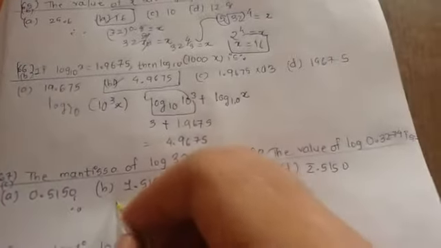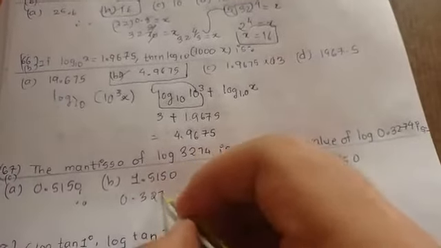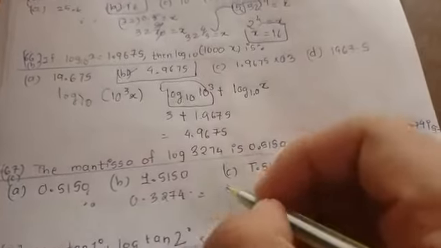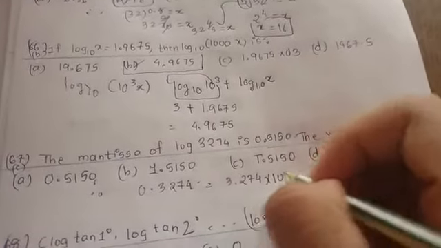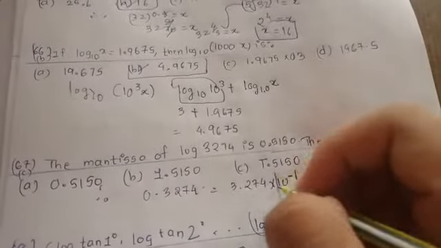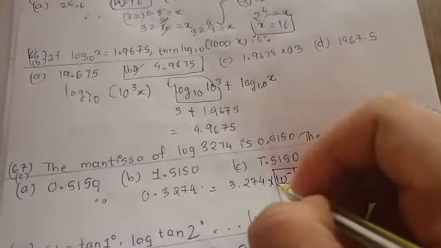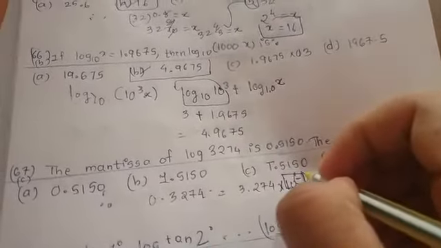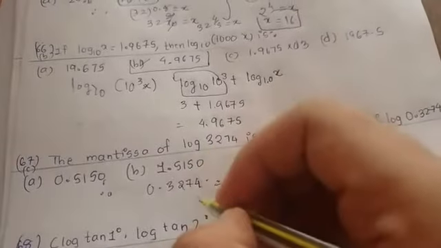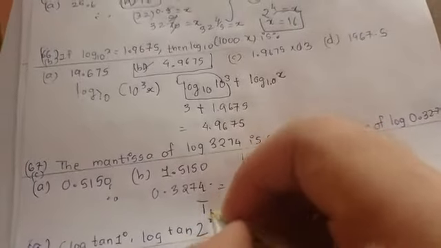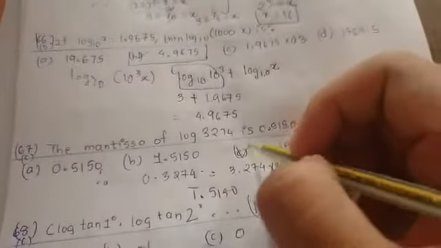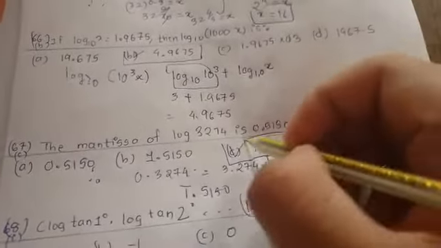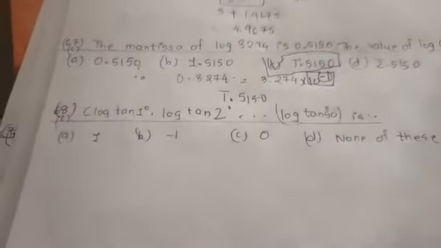Now, 0.3274 can be written as 3.274 into 10 raised to minus 1. So we find that the characteristic in this case becomes minus 1. So this log becomes 1 bar 0.5150. So in 67 question, option C, 1 bar 0.5150 is correct.